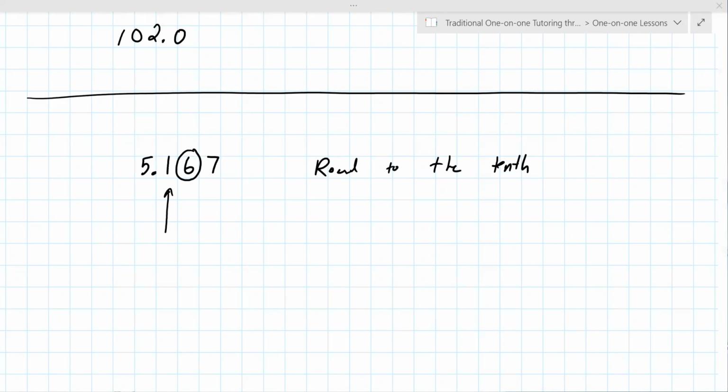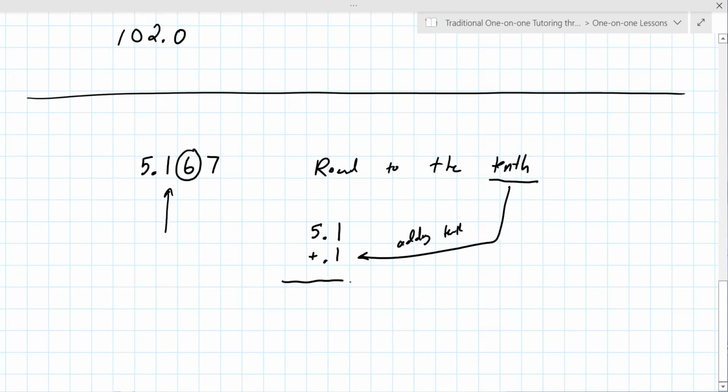So you write the number to the left of it, 5.1, and then you have to add a tenth to it. You see I'm adding a tenth? Yeah. So you have to add those together. And what do you come up with? 5.2. Now, if you're rounding down, you would just use the 5.1, but we're not. We're rounding this one up.